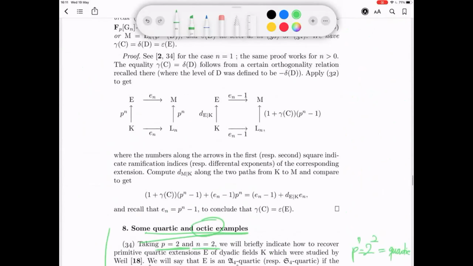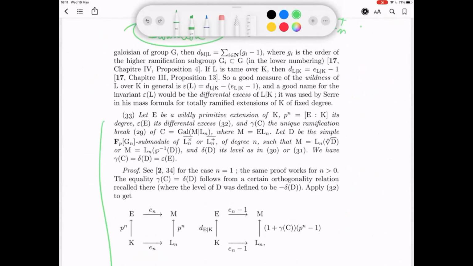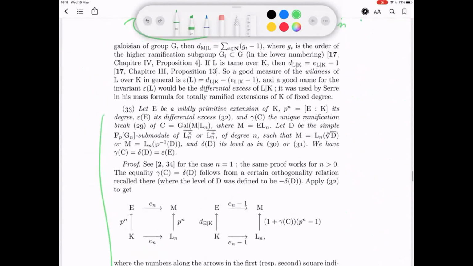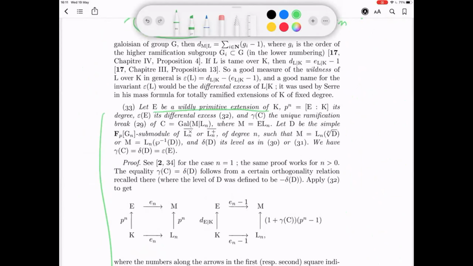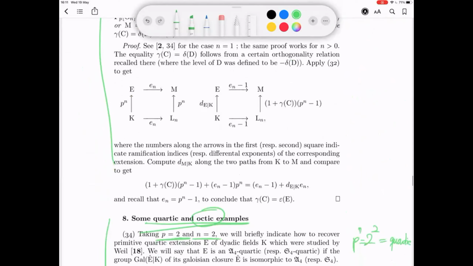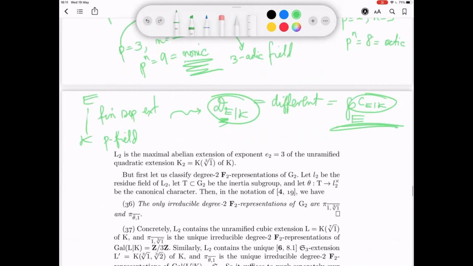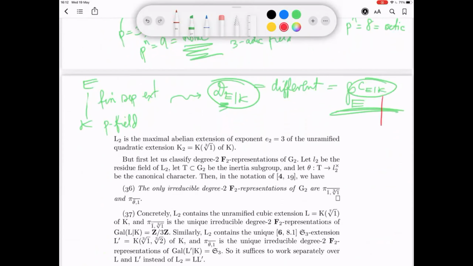And this here does precisely the computation. It says that if you have any wildly primitive extension, which just means that the degree is a power of p, then this is the differential exponent, also called the differential coefficient.